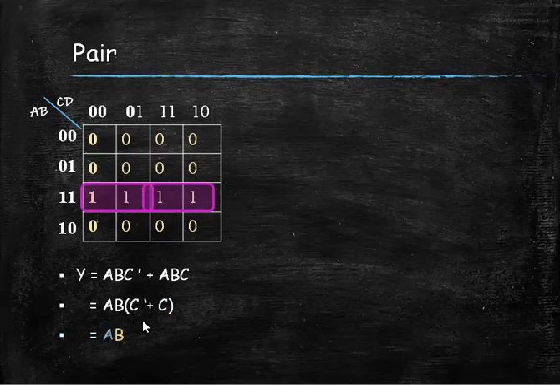Okay, AB and C or C bar, it is equal to 1, then it is AB. Okay, that is when there are two pairs horizontally adjacent, the Boolean expression contains only two variables.